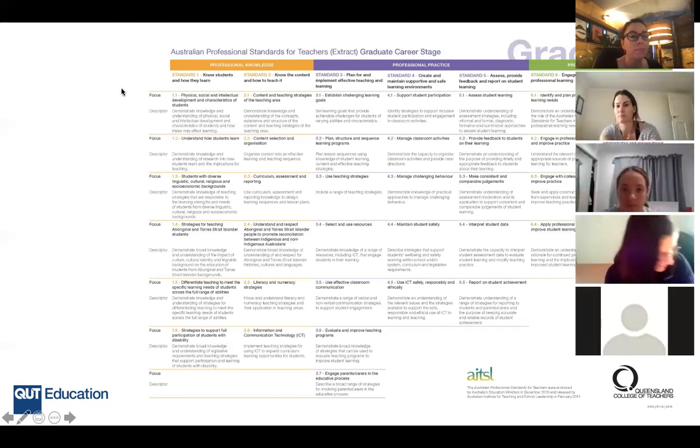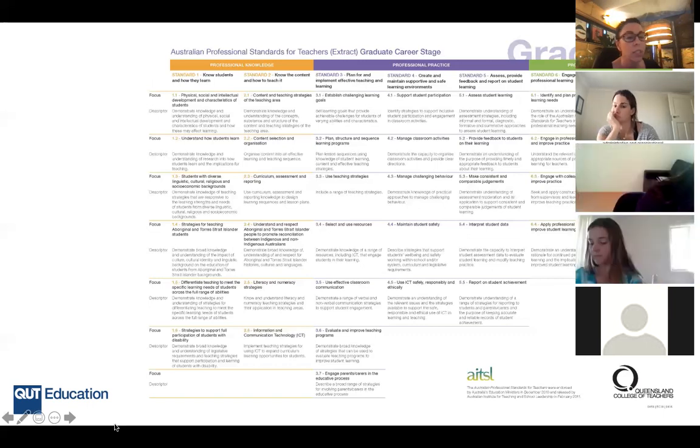Managing classroom activities, 4.2. Demonstrate the capacity to organise classroom activities and provide clear directions. Yeah. 4.1. Support student participation. Excellent, definitely. 3.5. Use teaching strategies. Yeah.